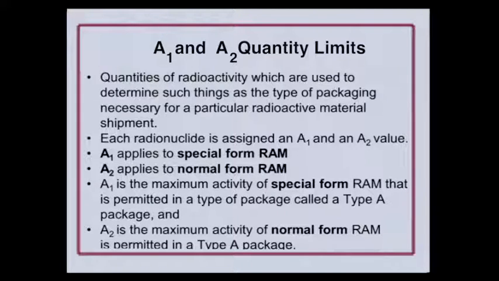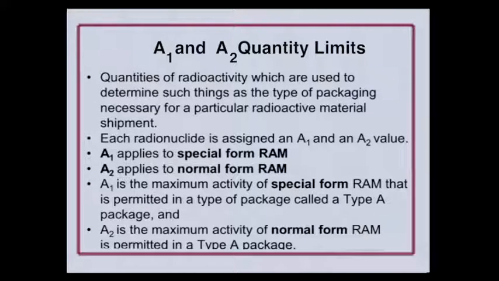So this really is the second tool in classifying waste, or classifying radioactive material under HMR. Well, actually, it's the third one. First: is it radioactive material according to HMR? Then, is it special form or normal form? Then, what about my A1, A2 values?